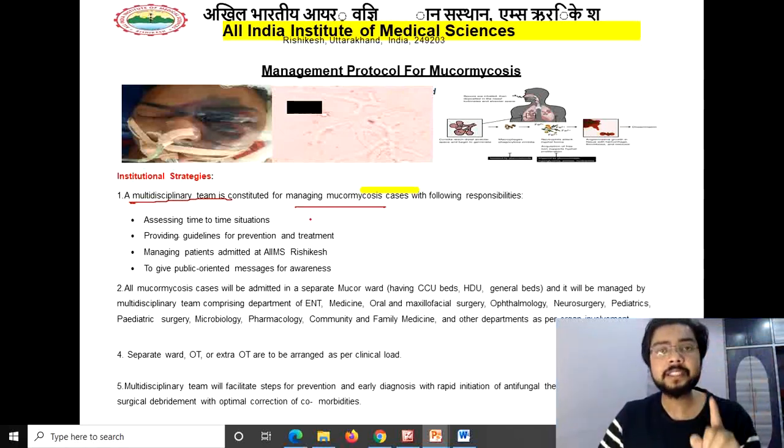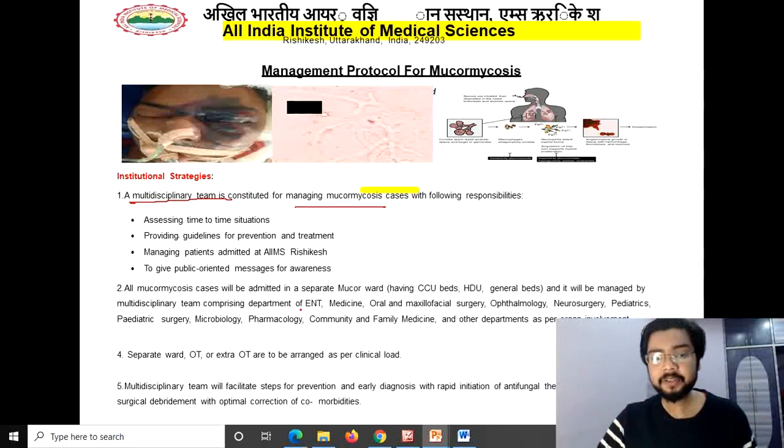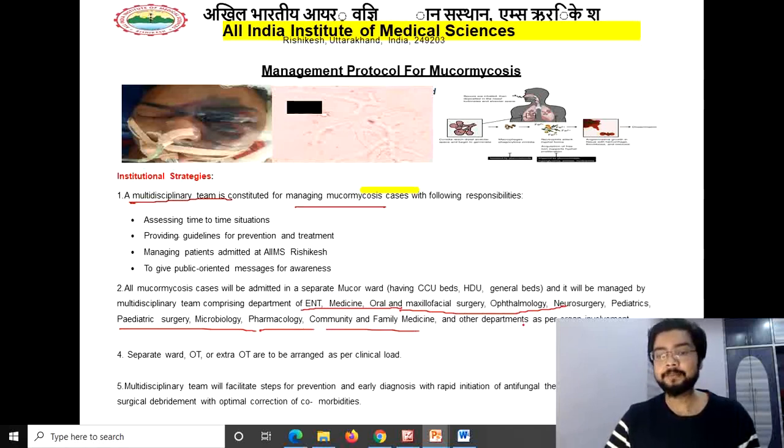The first step is to form a multidisciplinary team consisting of people from different departments. That means ENT, medicine, oral and maxillofacial surgery, ophthalmology, neurosurgery, pediatric surgery, microbiology, pharmacology, and PSM, and other departments as per involvement.